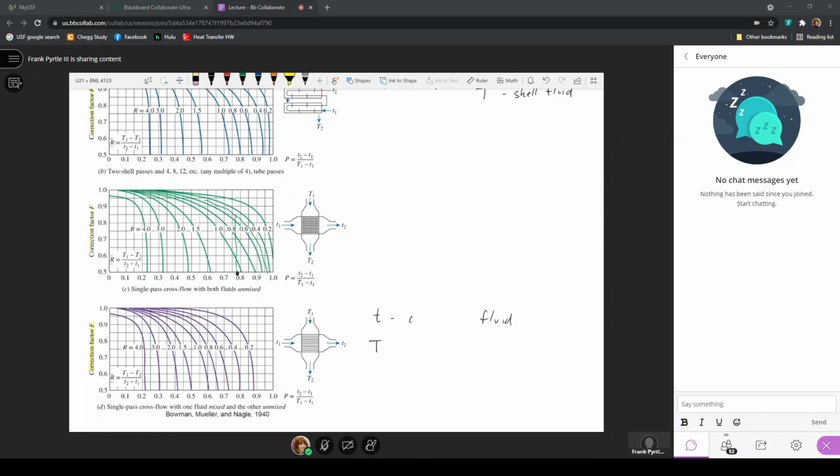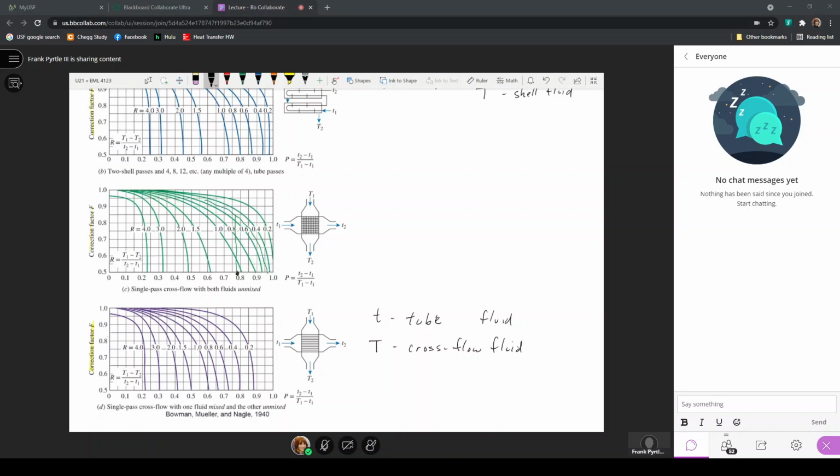No, the lowercase should be the tube fluid, and uppercase T is the cross flow fluid here. So the temperature of the fluid that's moving through the tubes, typically the liquid, is going to move through the inner surface. And on the outside surfaces, where we have the fins, where we have the outside surface of the tube, is the cross flow fluid.